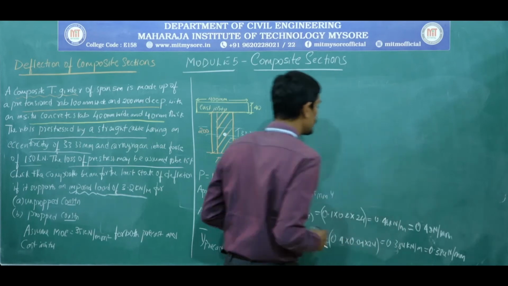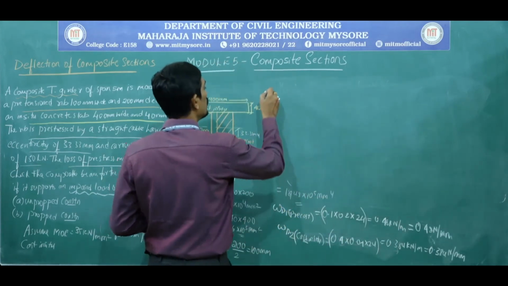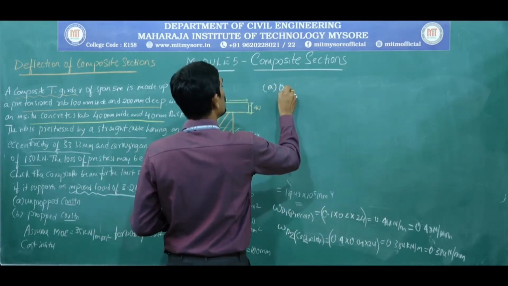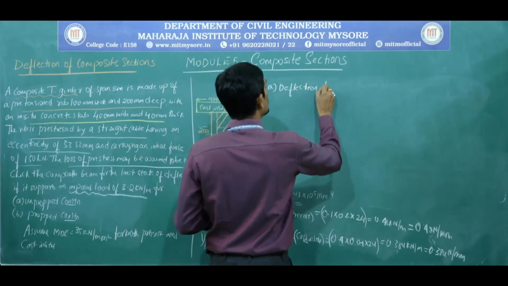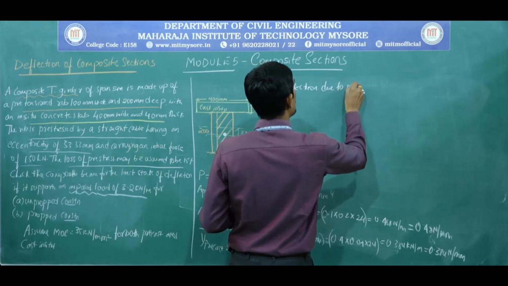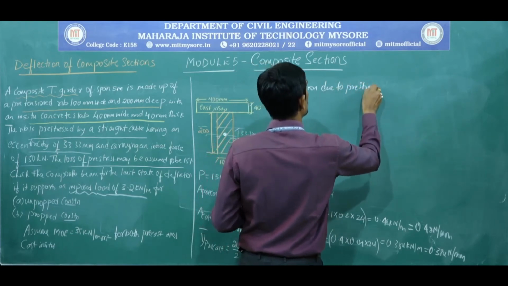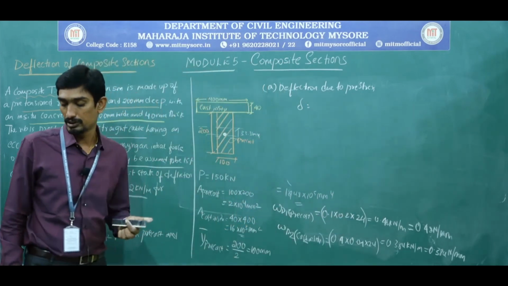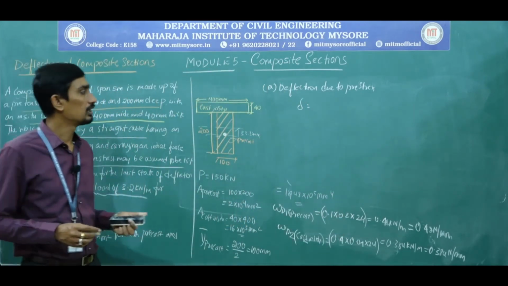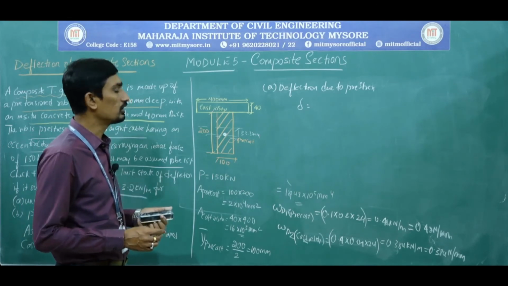So first thing, let me move on to the deflection due to pre-stress. Am I right? So delta is equal to deflection due to pre-stress. So what is the formula? Now the formula you need to observe.